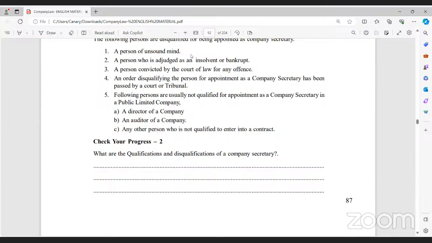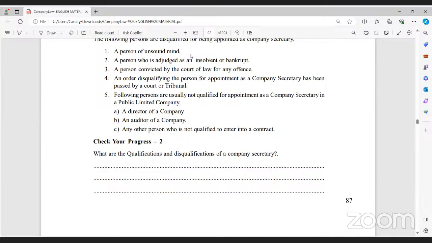Who is under conviction by a court of law, someone on whom some court cases already exist, who has been an offender, such a person. Any other disqualification: if a court decides, means he has all the qualifications we discussed above, and he has a sound mind, he is not a bankrupt, but due to his previous behavior or misconduct, if a court disqualifies him from acting as a company secretary, then also we cannot take that individual as a company secretary.